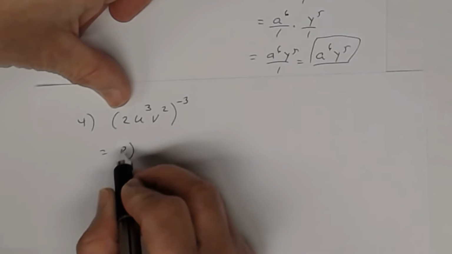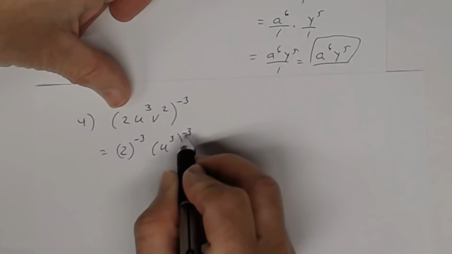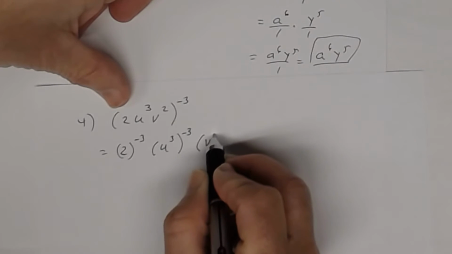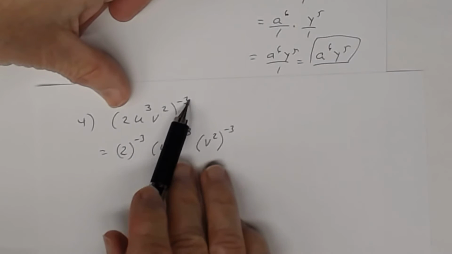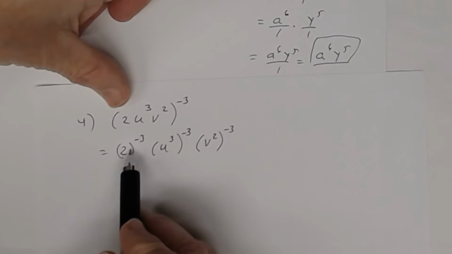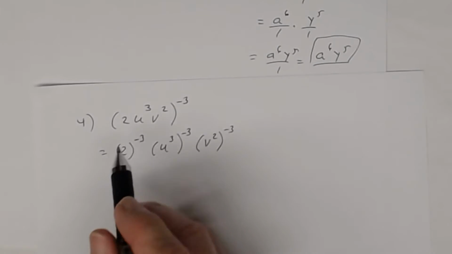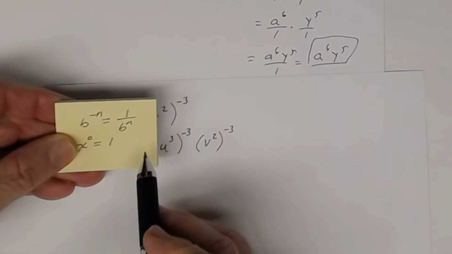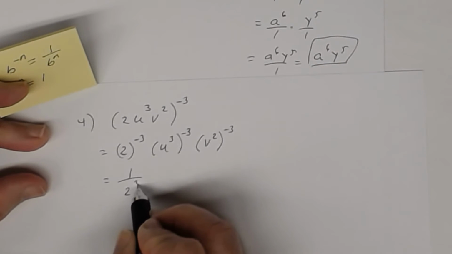So I have 2 to the negative 3rd times u cubed to the negative 3rd times v squared to the negative 3rd. Each of these is being raised to the negative 3rd. Now remember, 2 to the negative 3rd by definition is 1 divided by 2 to the 3rd.